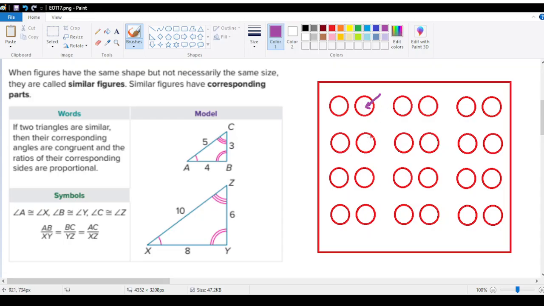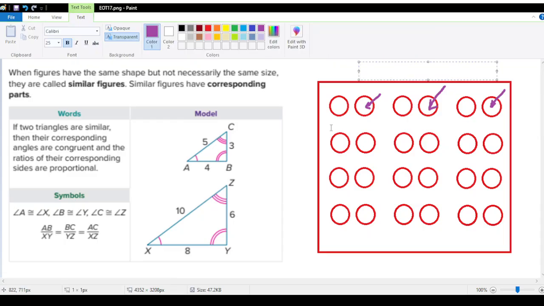The girl who is sitting in the corresponding location in the other group will be here, and the one in the third group will be here. So these locations or spots, we are going to call them corresponding. So this is corresponding.